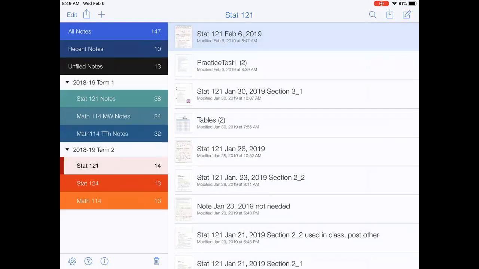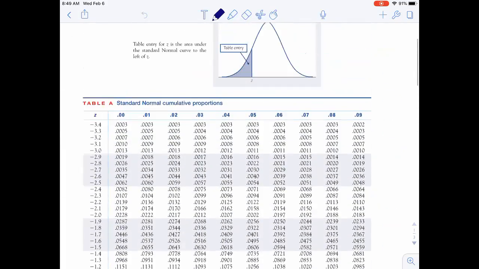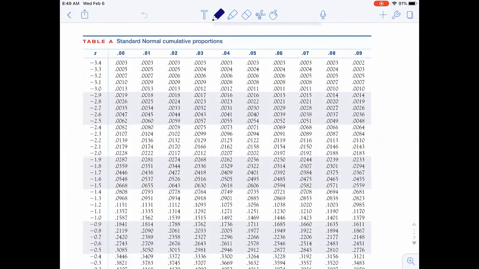So now, going to your table, we're on the negative Z side. So negative 2.09, so we have to go to negative 2.0, and then 9 is the last one, 0.0183.